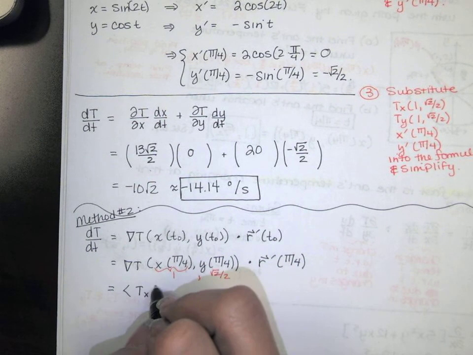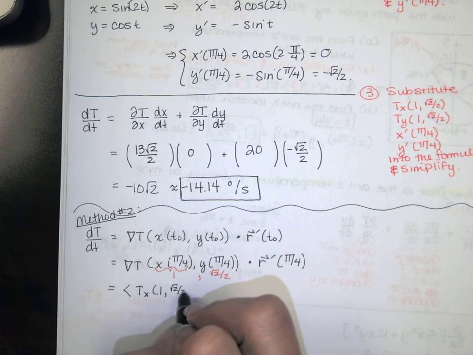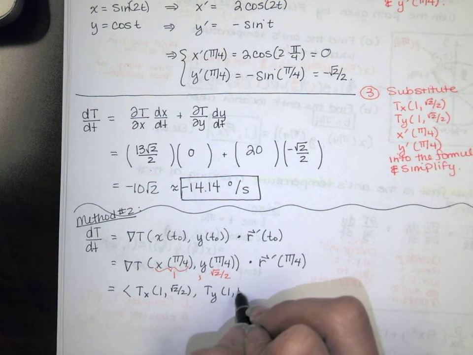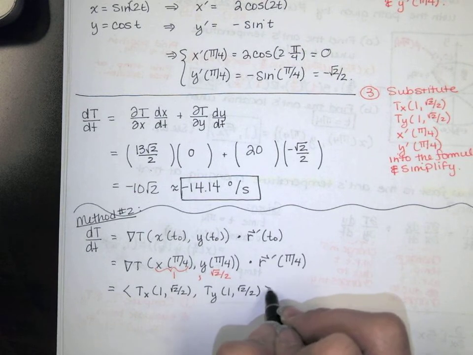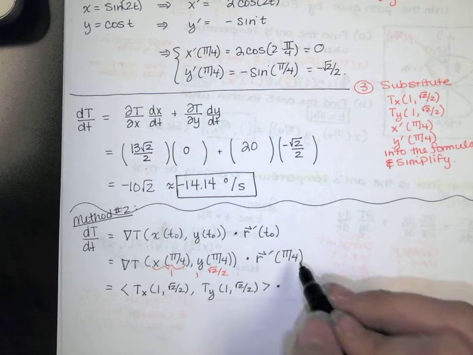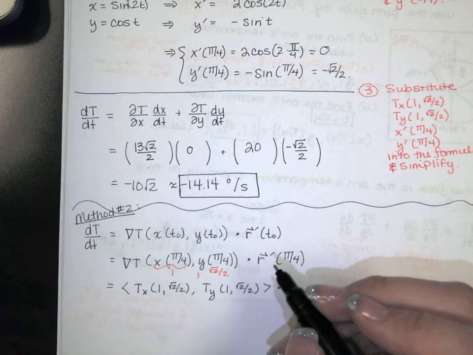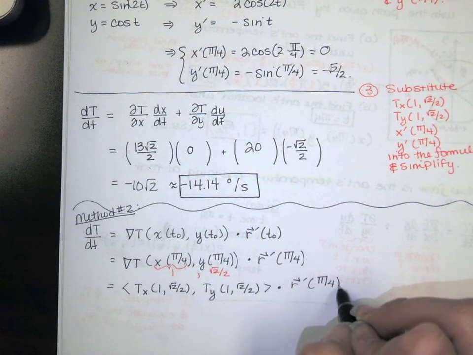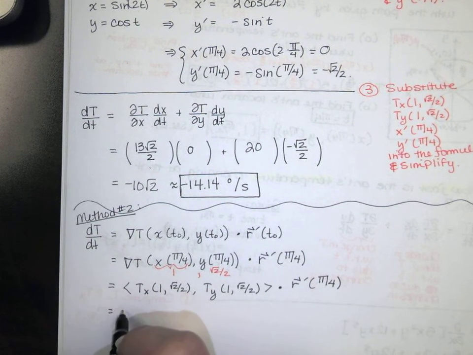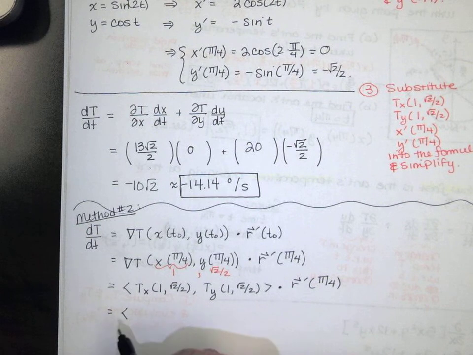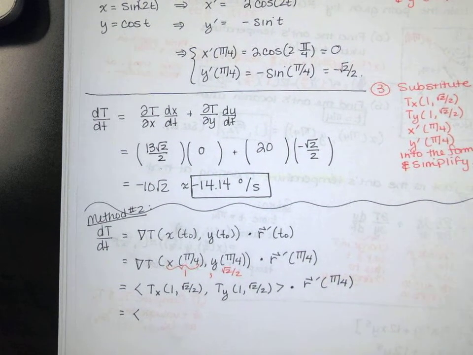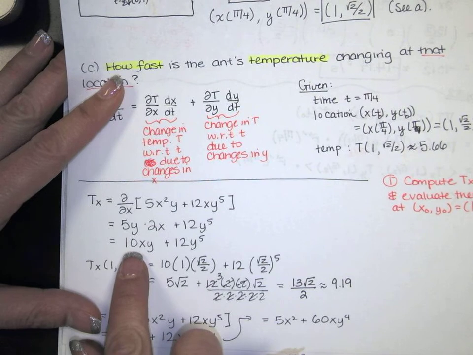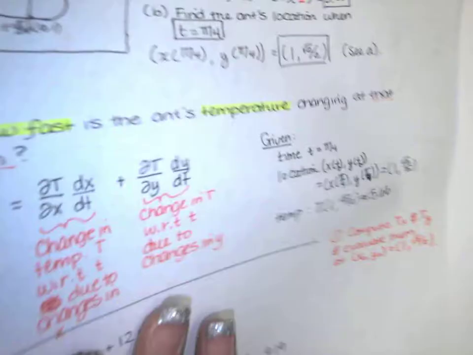So we're evaluating our partials at 1 and root 2 over 2. And we're dotting that with r prime evaluated at pi over 4. Well, our partials were, let me see, the partial with respect to x was 10xy plus 12y to the 5th.